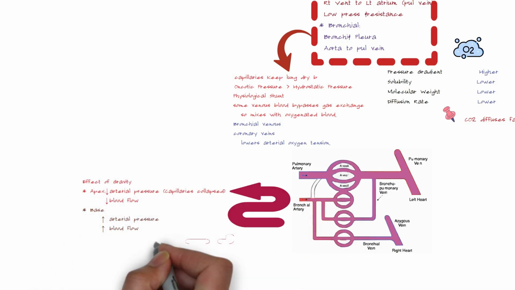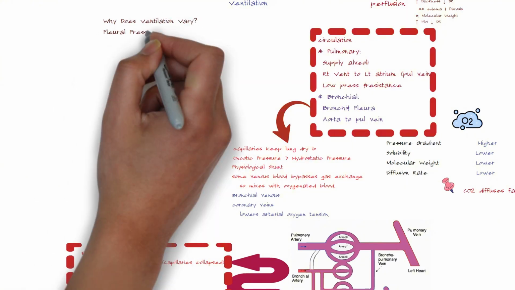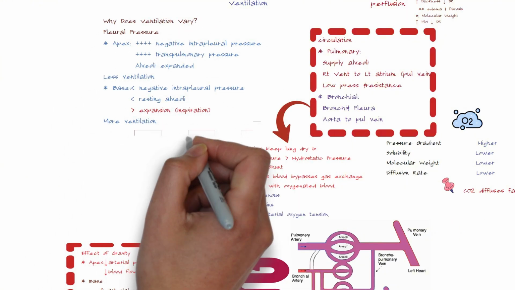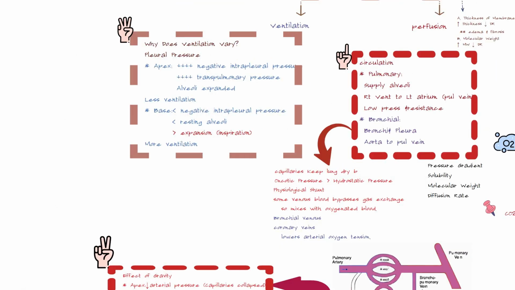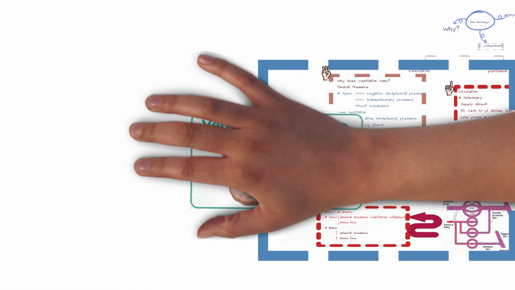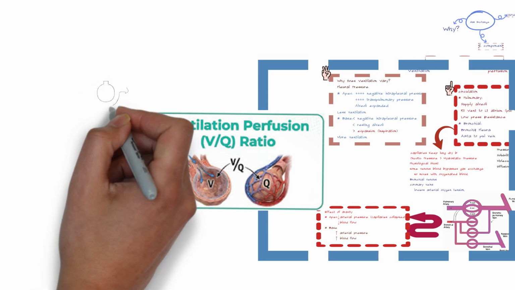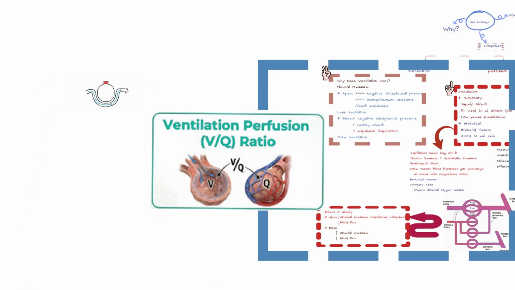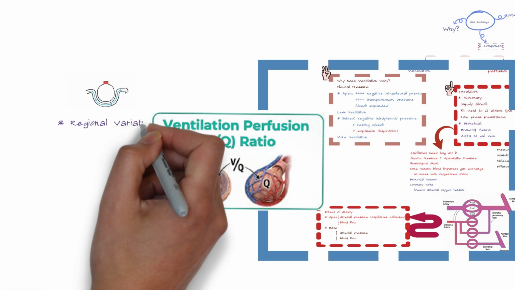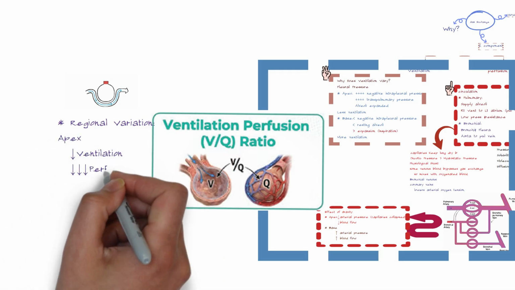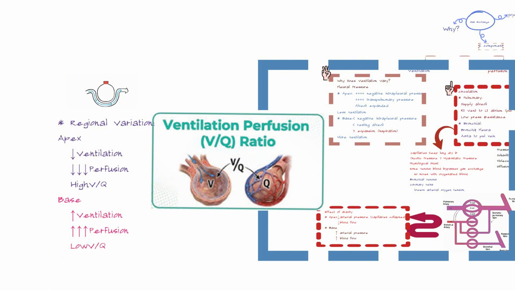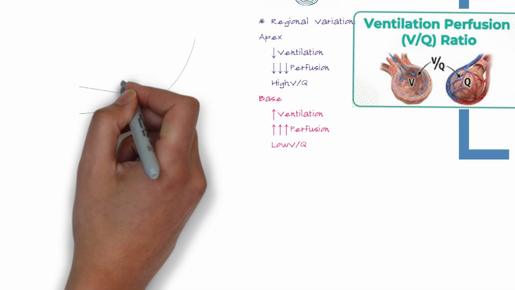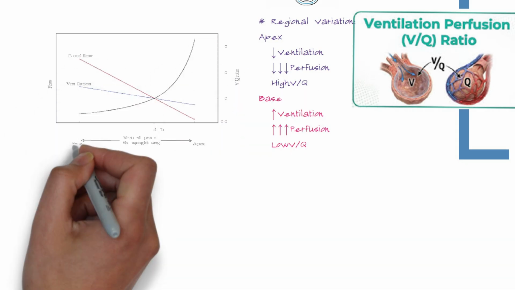We talked about the effect of gravity on ventilation and perfusion. For the perfusion, as we go to the base, the pressure increases and the flow increases. Also in the ventilation, as we go to the base, the ventilation increases, and this is mainly due to the less negative intrapleural pressure, with lowering of the transpulmonary pressure when compared to the apex.